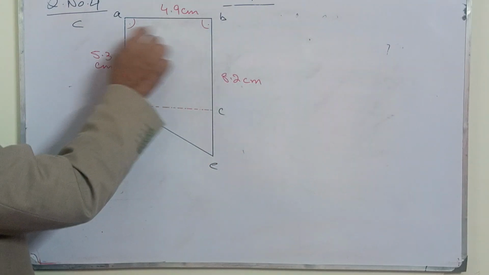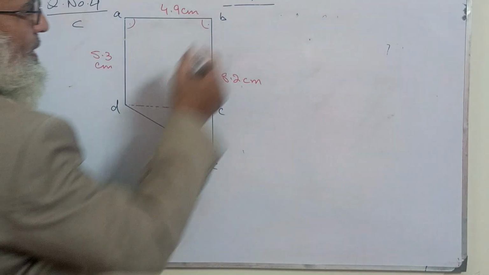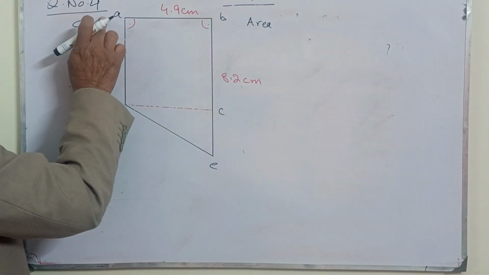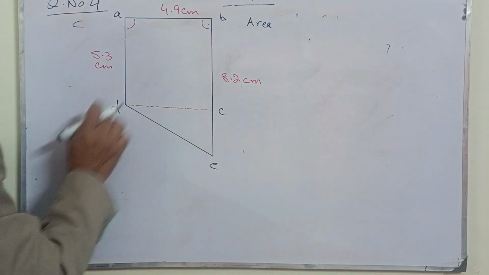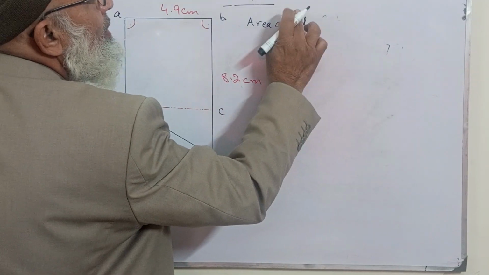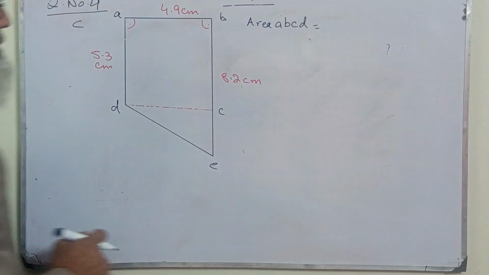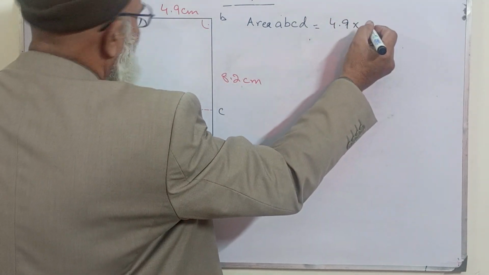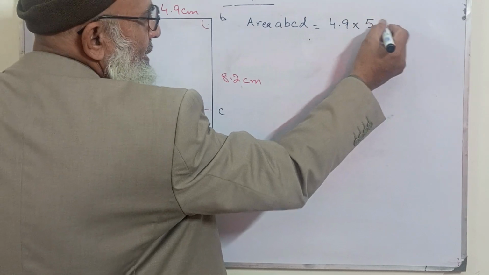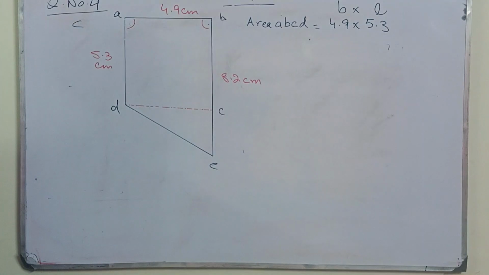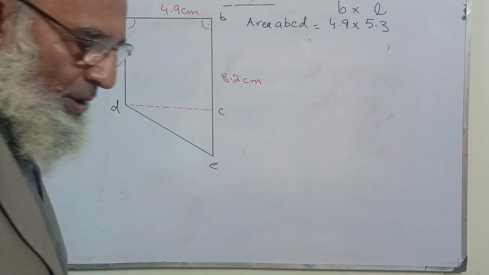First, we'll find the area of rectangle ABCD. Area of rectangle ABCD is equal to 4.9 multiplied by 5.3, where this is B and this is L. No matter what is coming first and what is coming later.